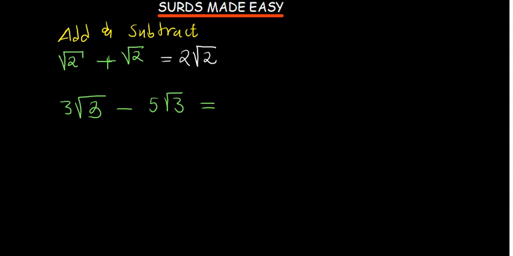The question is, how can you do it? Always you just get those numbers that you are seeing outside, right? Since what is inside is the same. So we're going to get the 3 minus, get this one which is outside, which is the 5, and then I'm just going to put square root of 3 this side. So 3 minus 5, that is a negative 2, right? And then square root of 3. So this is the answer when you subtract those.